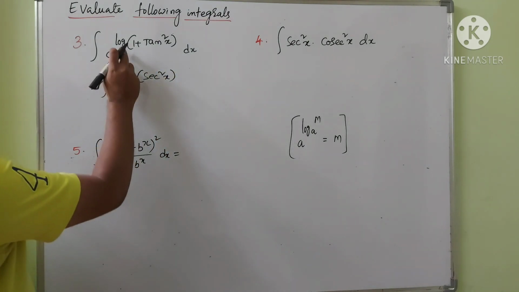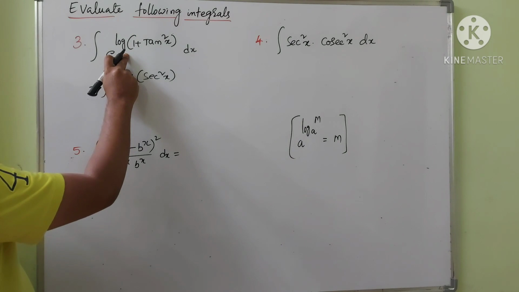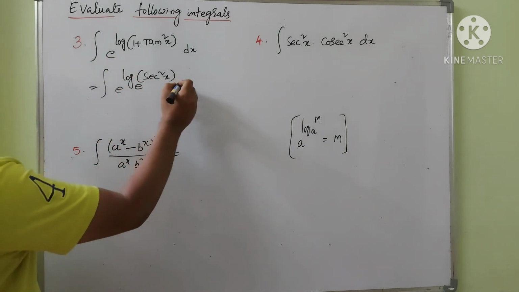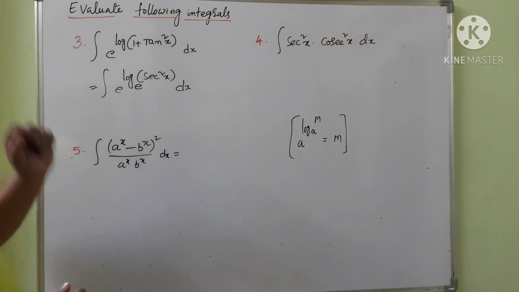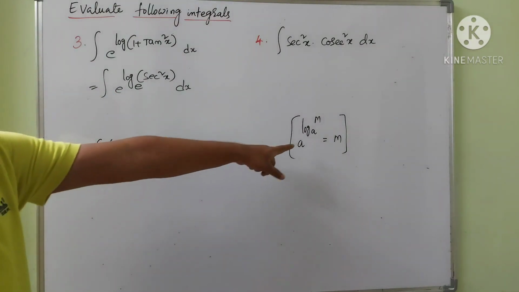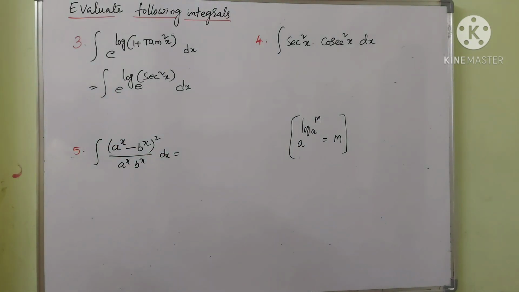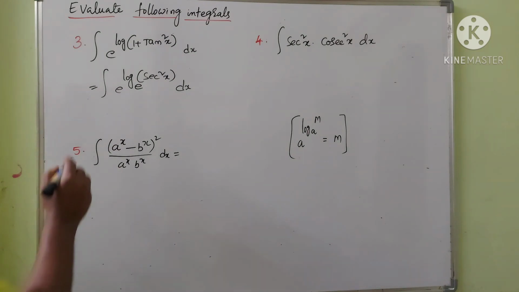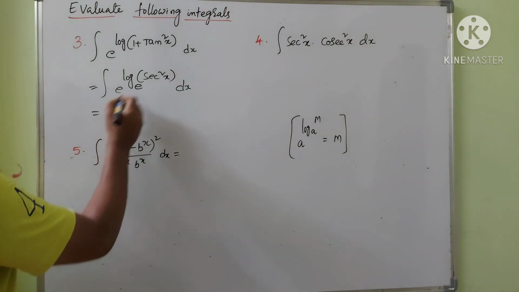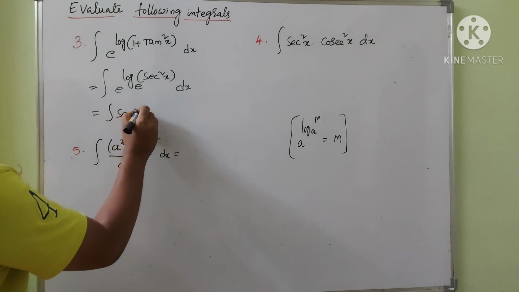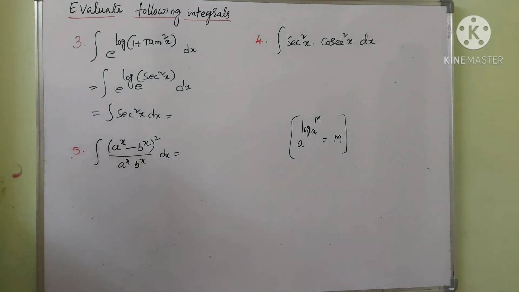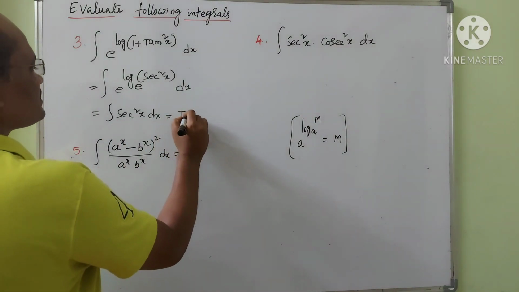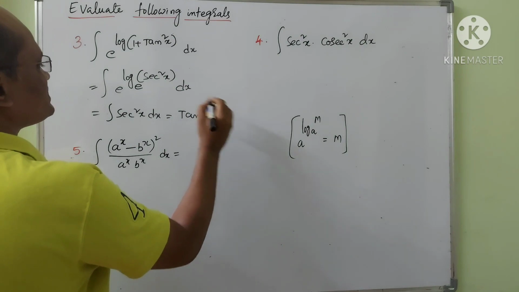The base of the logarithm is not mentioned here, which means you have to consider it as e, because it is a natural logarithm. So by observing that formula, a power log m base a equal to m, you can write this as secant square x. So what I did is simplification of this integrand. Now apply the formula: integral of secant square x dx is tan x plus c.